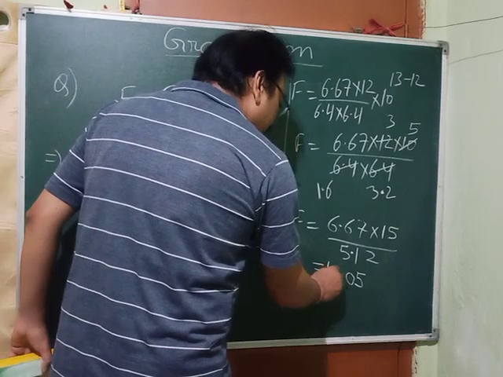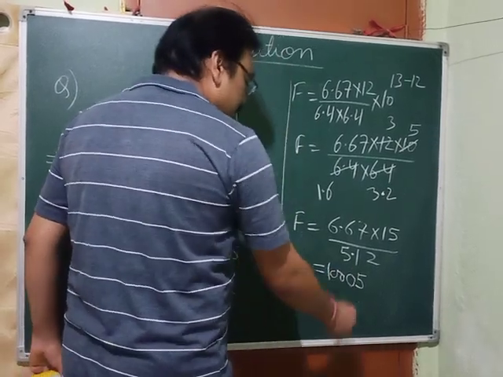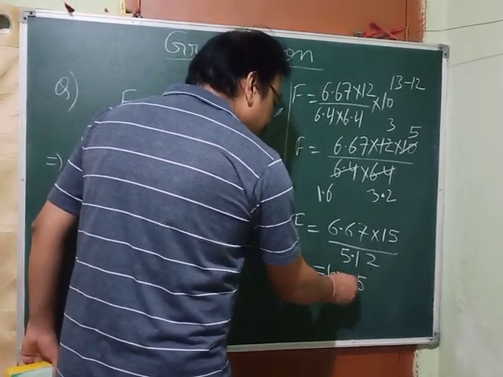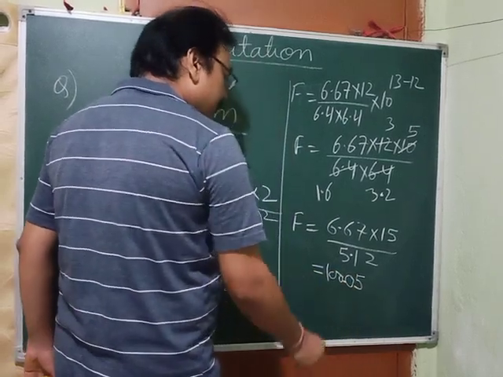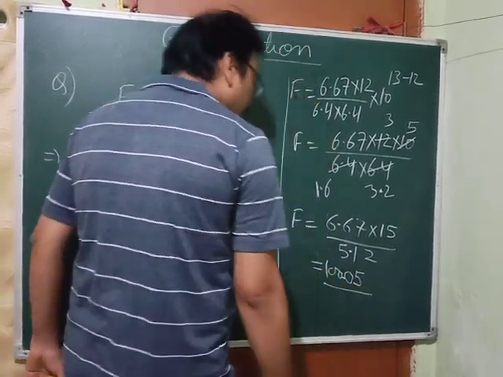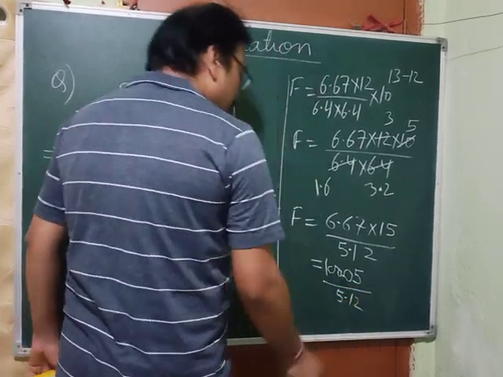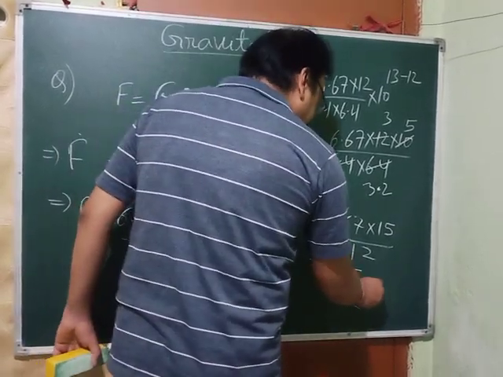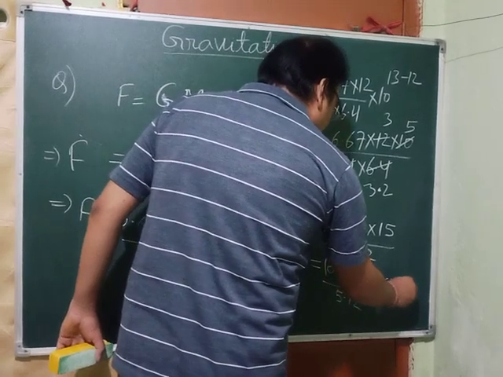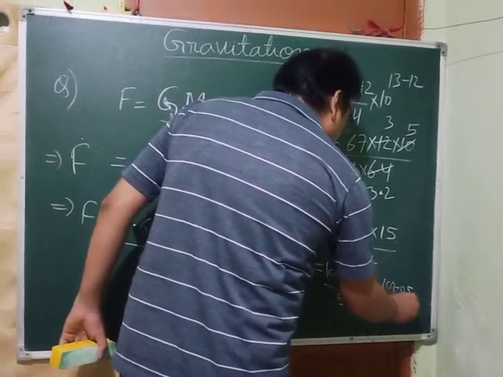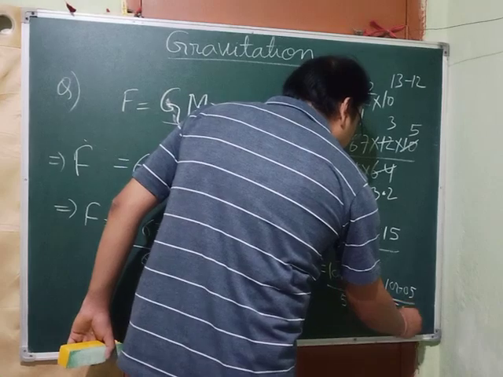Okay, so you have to write 100. Decimal is after two places, so decimal comes over here. 100.05. Okay, here you are having 5.12. You will remove both the decimals, then what you will get? 1000 5 by 512.